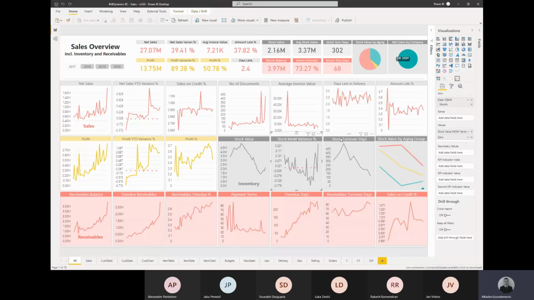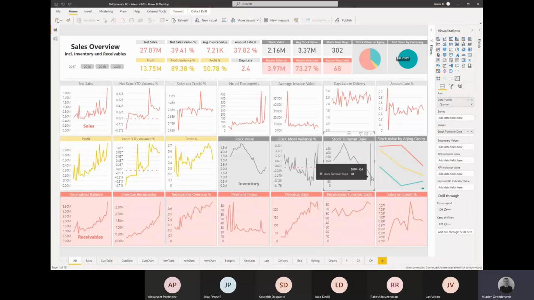Turnover in days: how many days it takes to clear our stock in value terms if we continue selling as we sell now. Lower the value, better it is, because you need less inventory, less working capital to support your sales.